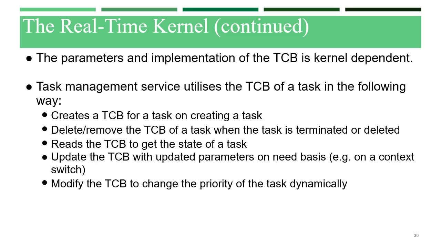The task management service utilizes the task control block of a task in the following way: it creates a TCB on creating a task, or it deletes the TCB whenever the task is terminated or deleted, and it reads the TCB to get the state of the task. It updates the TCB with updated parameters on a need basis, and it also modifies the TCB to change the priority of the task.